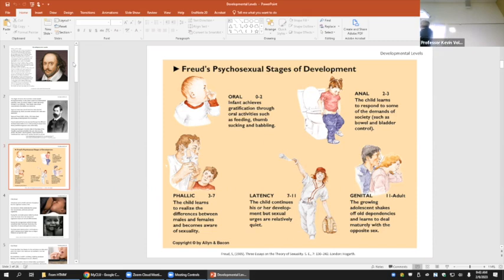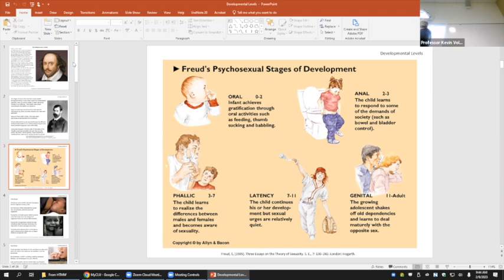Phallic: the child learns to realize the difference between male and female and becomes aware of sexuality in a broad sense. Also, during this period the Oedipal complex starts up. You can all think of their position in the world vis-a-vis rivals, finding their place in the dominance hierarchy, if you want to take my take on it.